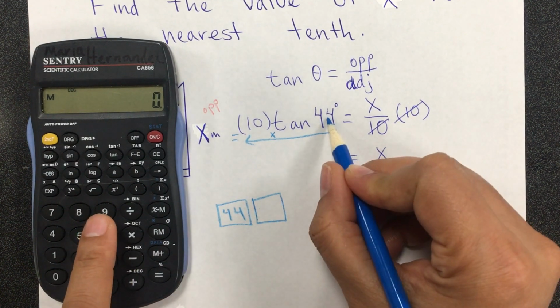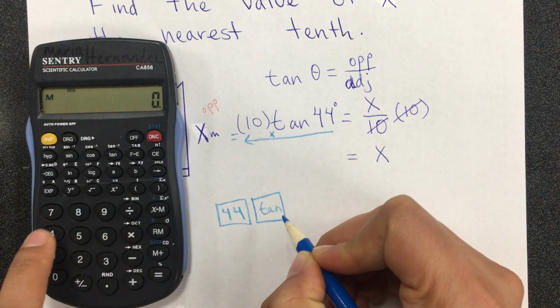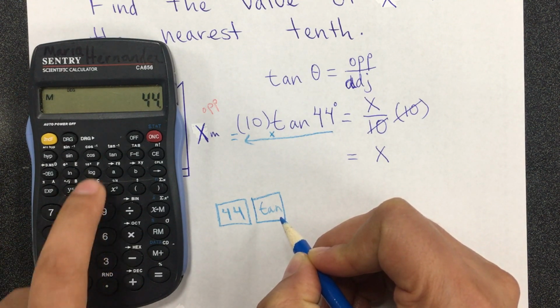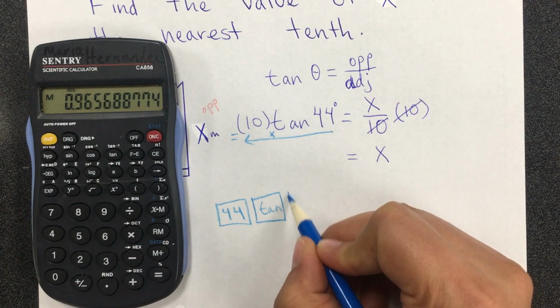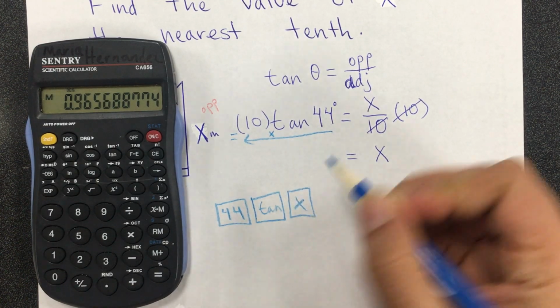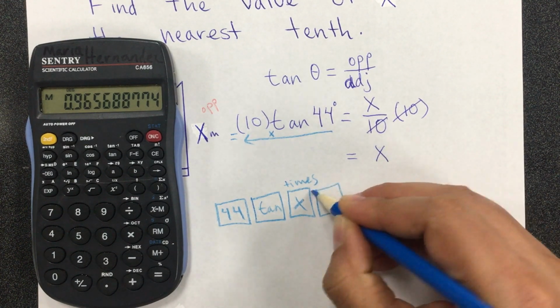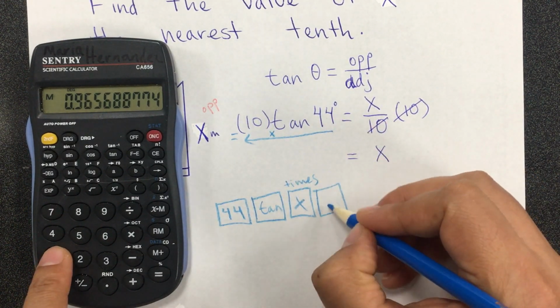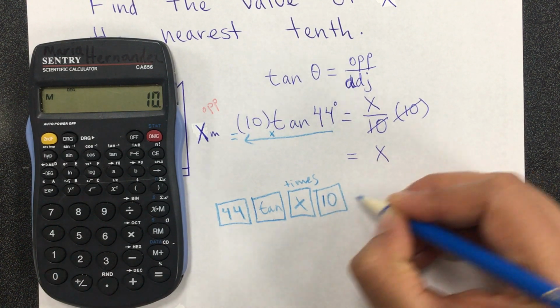So first the angle measurement, then you're going to press tangent, so let's do that as we go. Tangent, then times, remember that the parenthesis means times, then the measurement of the adjacent side. Did I press times? I'm not sure.